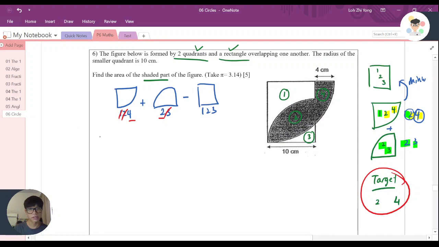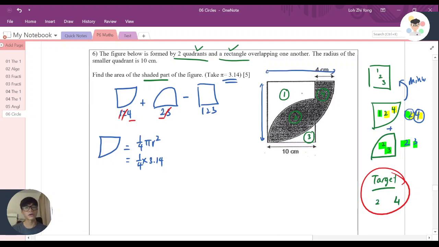First, we need to find the area of the big quadrant here. If I have to find the area, I need to use 1 over 4 pi r squared. So 1 over 4, yes, I have. Pi is 3.14, given in the question. And how about r? R is the radius, which means it's here or here.